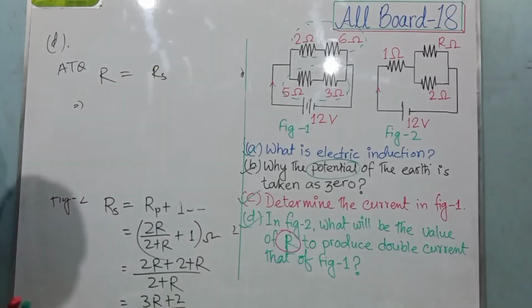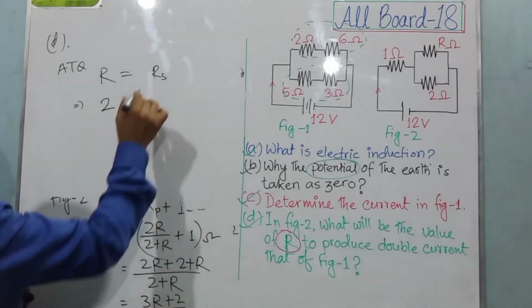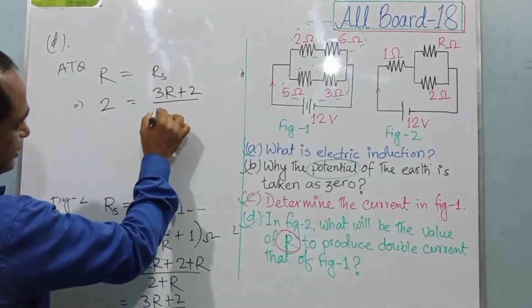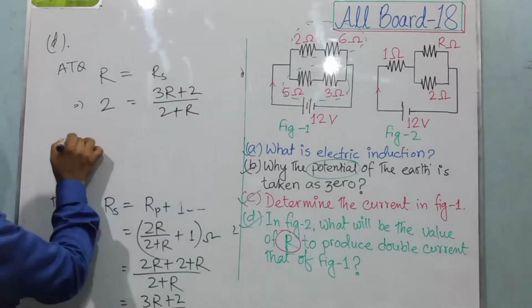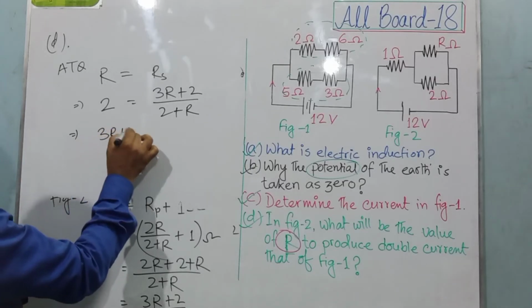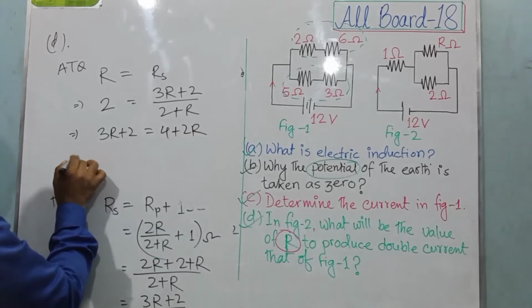Okay, here R is the required resistance. We have already calculated this value is 2, and RS is equal to 3R plus 2 divided by 2 plus R. Then after calculation we will get 3R plus 2 is equal to 4 plus 2R.